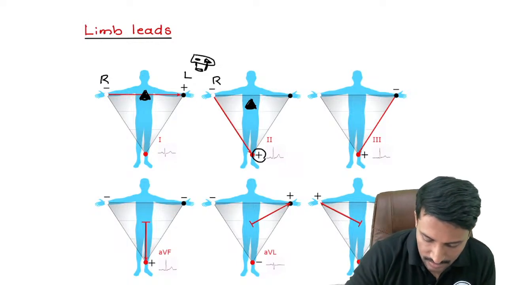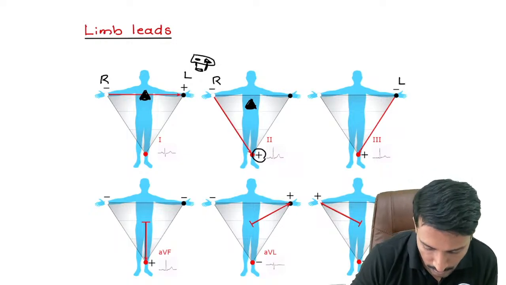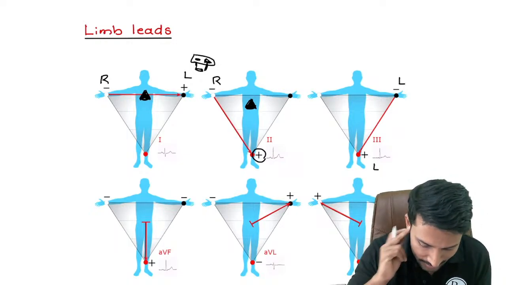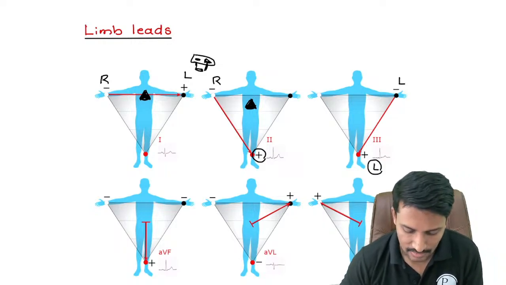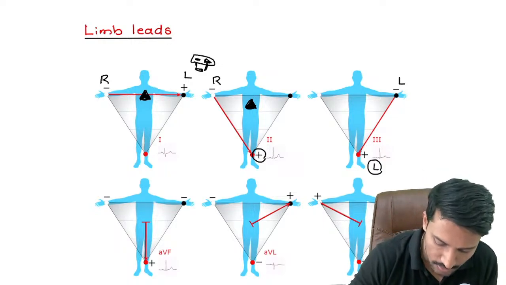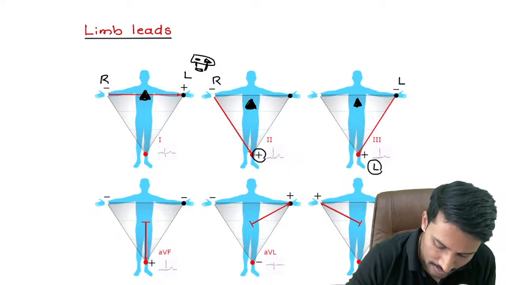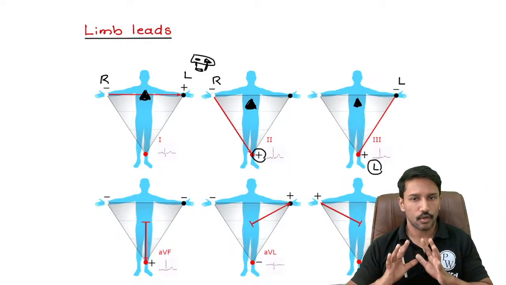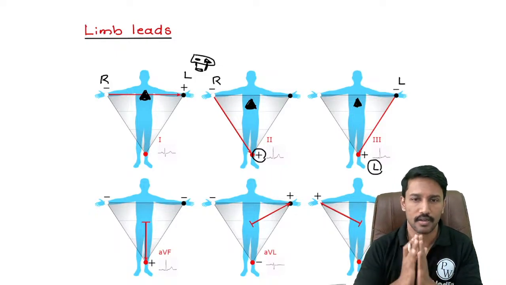And for lead 3, the left hand acts as the negative and the left leg acts as the positive. That is our lead 3. So if the heart is here, I am again looking at the heart from this direction. Okay, so I hope you are understanding. Each lead is actually looking at the heart in one direction.